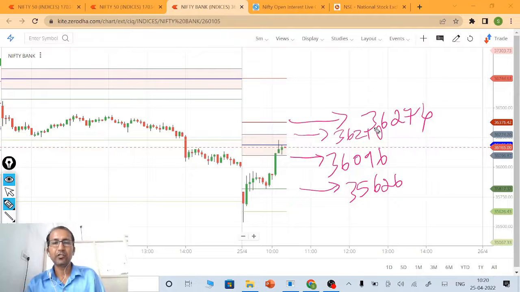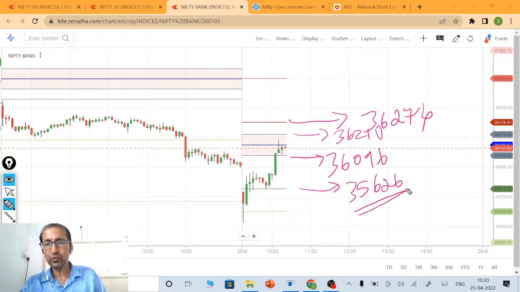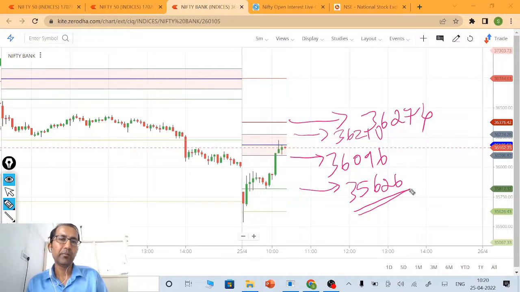Whenever it goes through that 36,200, better sell for a target of 35,626. So around 36,200 sell for a day target of 35,600. That is the Bank Nifty view.